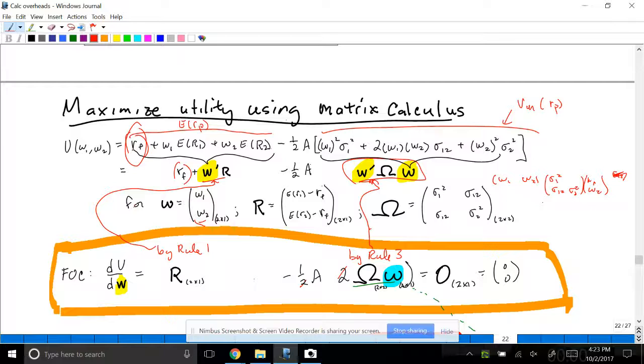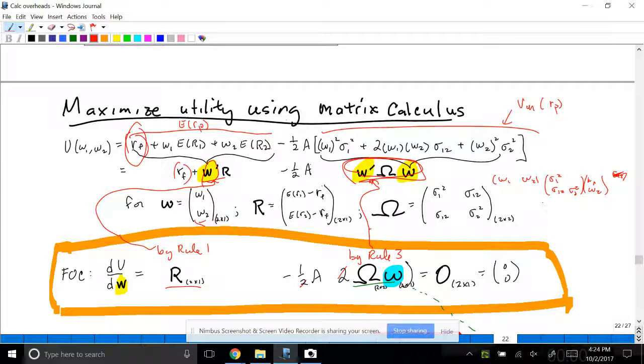By rule one, we take the derivative of utility with respect to the 2x1 matrix of W. Here we have our variable times constants, and so by rule one we get a column vector of the excess returns. By rule 3, this is going to be 1/2 times the covariance matrix times W, and so the 2's cancel out.